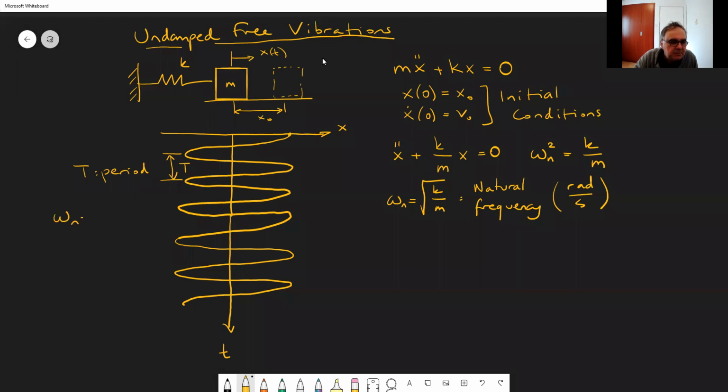And the natural frequency is 2 pi over the period. It is also equal to root k over m, obviously. So it just moves back and forth like this.